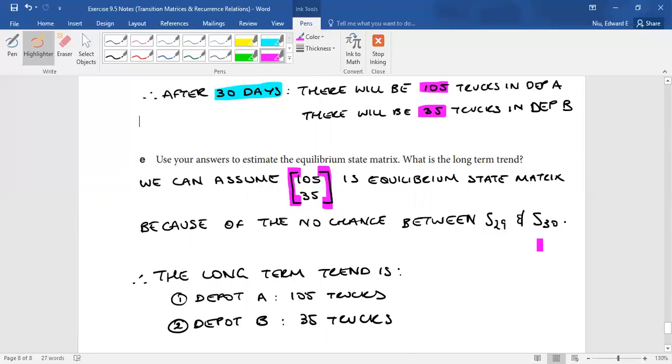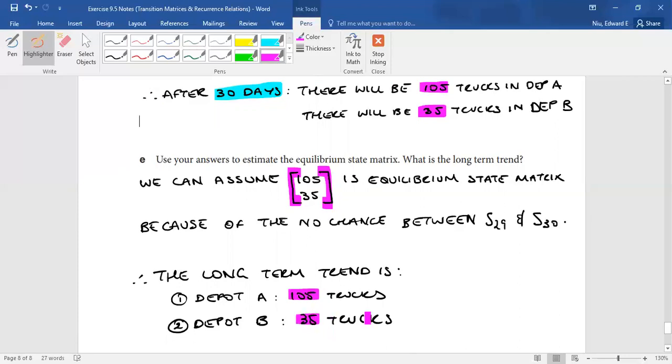Now, between 30 and 31, 31 and 32, there might be subtle changes of 1 or 2, but it'll usually bounce back to 105 and 35. Again, no one knows why, other than Depot A is clearly more popular here. And so the long-term trend we can establish is Depot A will always have approximately 105 trucks, and Depot B will approximately have 35 trucks.